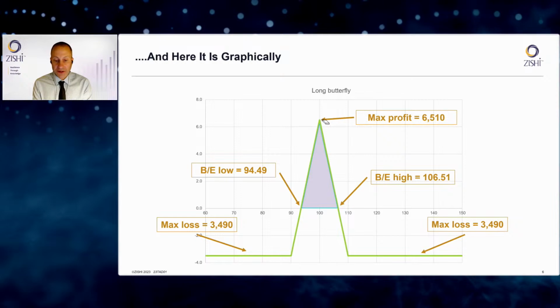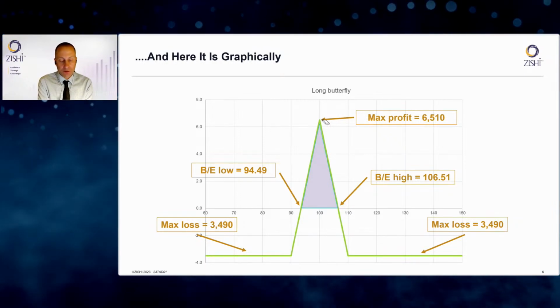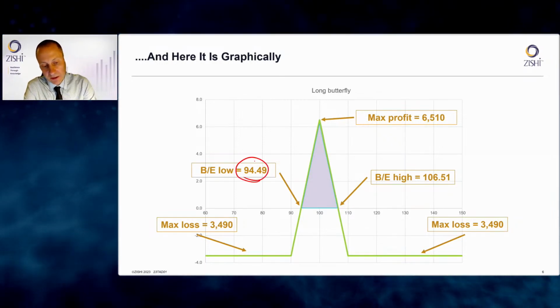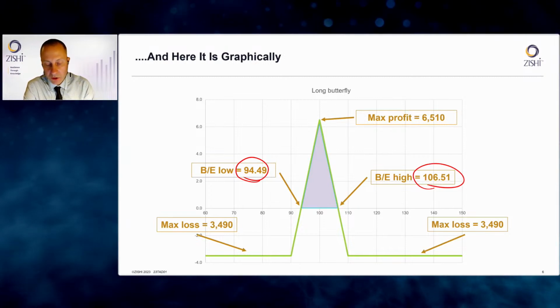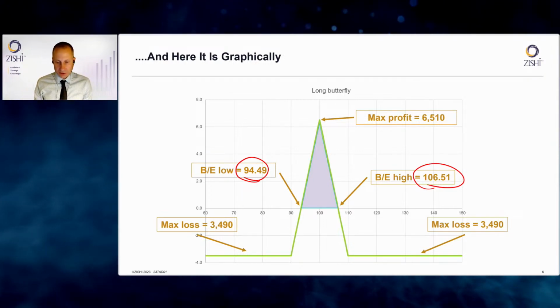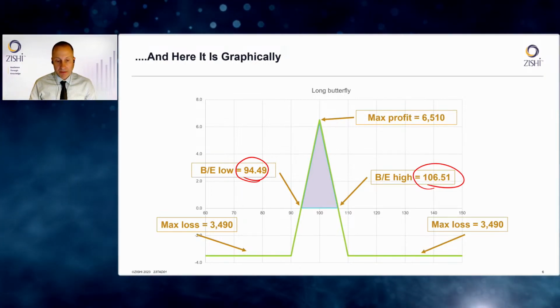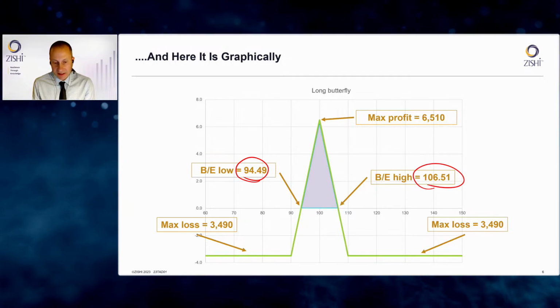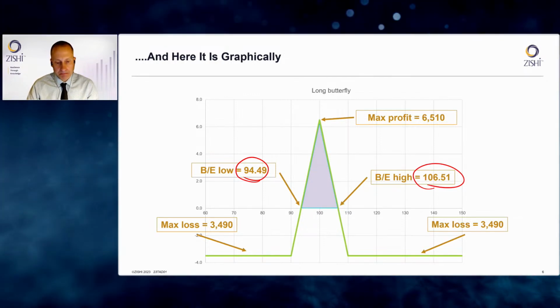My break-evens for this trade are going to be between 94.49 on the low side and 106.51 on the high side. So as long as we finish between those 2 points, I will make money. And the closer we finish to the center, the more I will make.